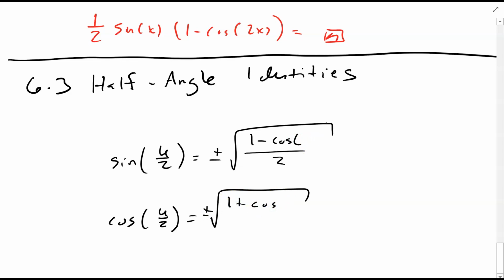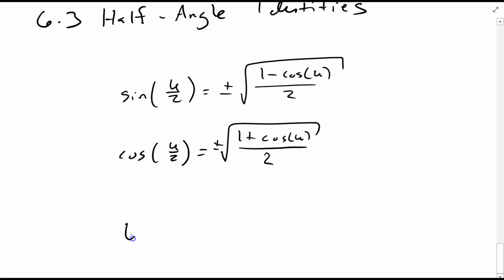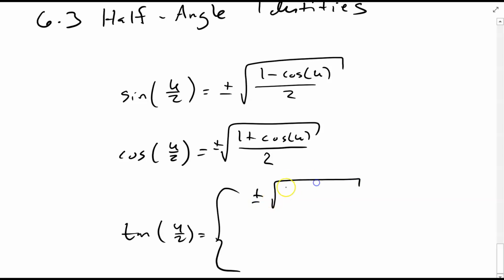And here, it's the tangent that's kind of the pain in the tuchus, because we have 3 different versions to work with.